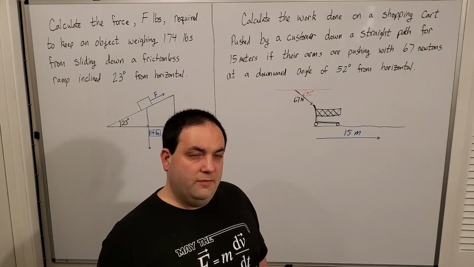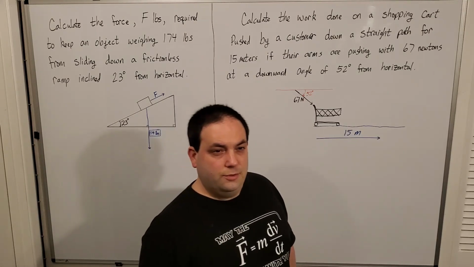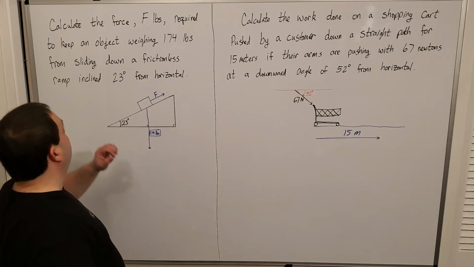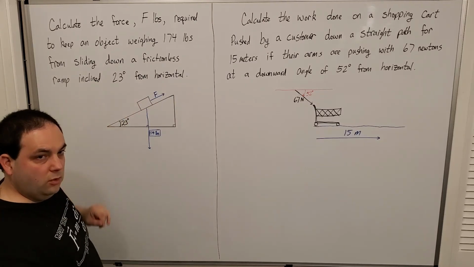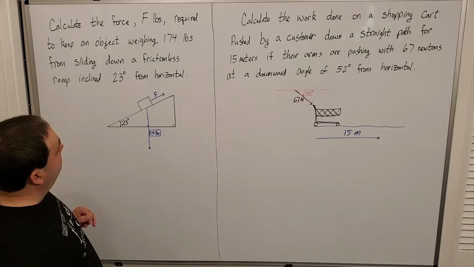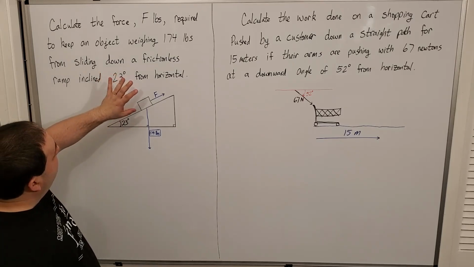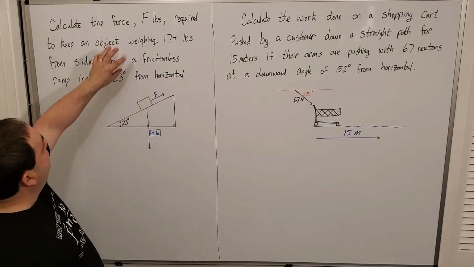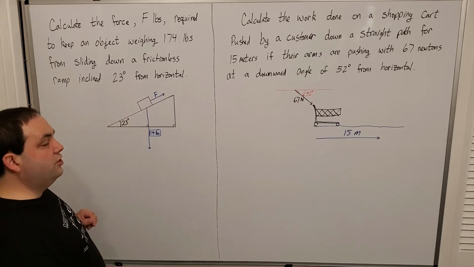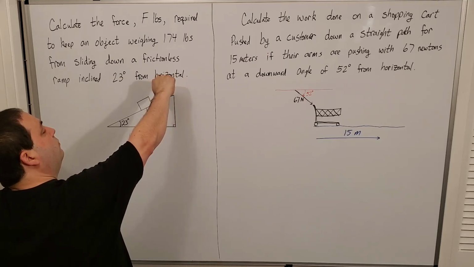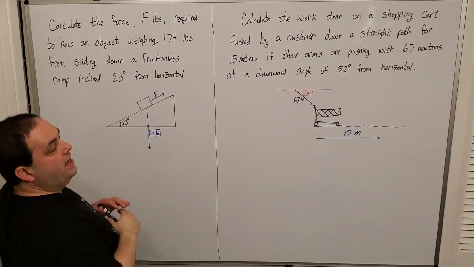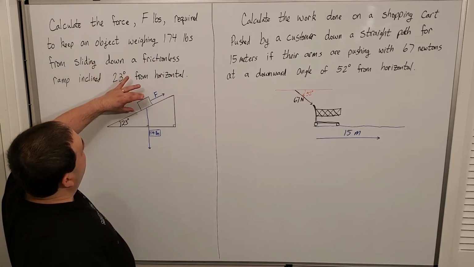Now let's work a couple of examples using vectors. So I've got an object on a frictionless surface here, just so that we don't have to worry about extra other vectors here. Okay? The object weighs 174 pounds, and I want to know how many pounds of force pulling up the ramp it would take to just hold it there.